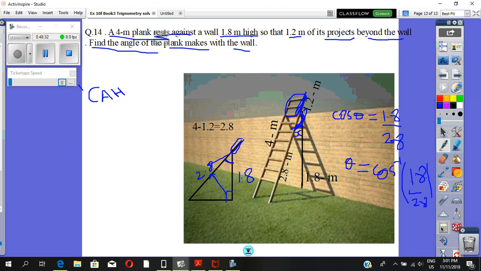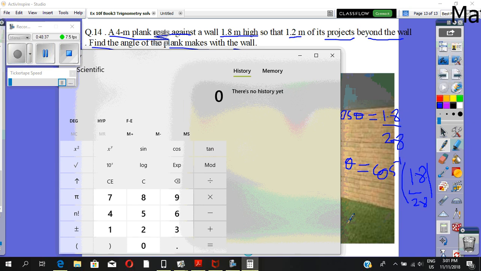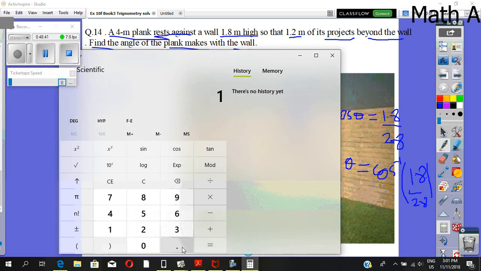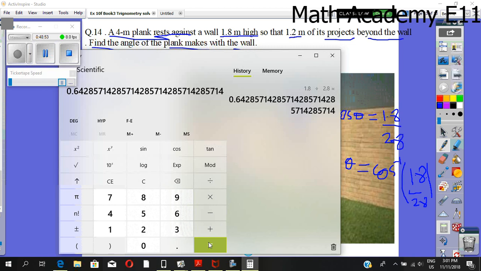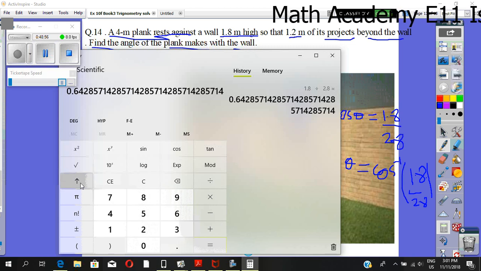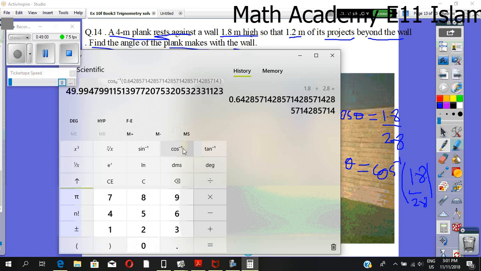With the help of the calculator, we find the values. Here we have 1.8 divided by 2.8. We get 0.642857, the long value. Then we find the cos inverse.